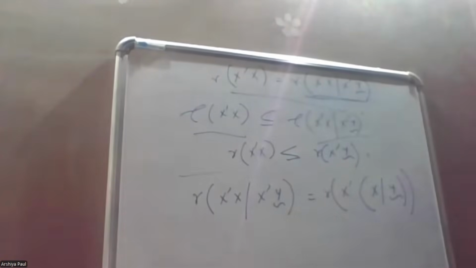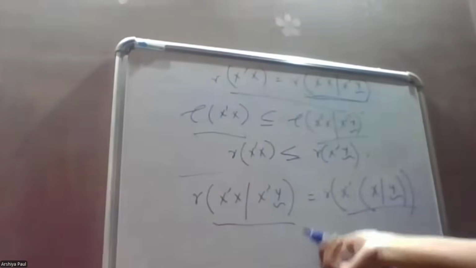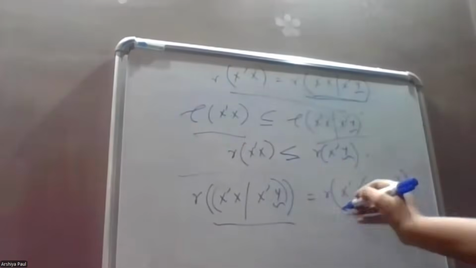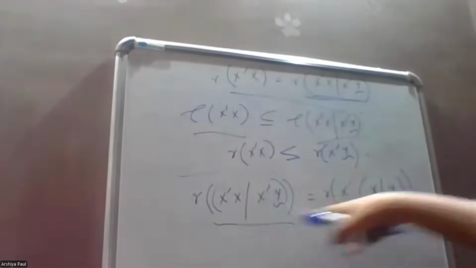I am asking why, because rank of X transpose X and this is the same matrix. That's what I'm saying. I'm not saying that these are different matrices. These are the same matrix.